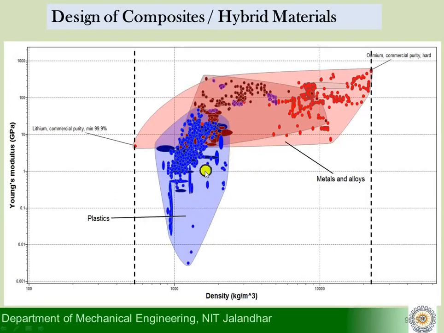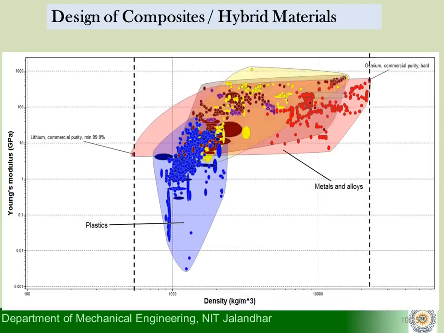When I add that, the limits are still the same, with lithium at around 505 and osmium at around 22,000. Let's see what happens when I add ceramics into it. Adding ceramics here does not change the picture. The limits remain the same.